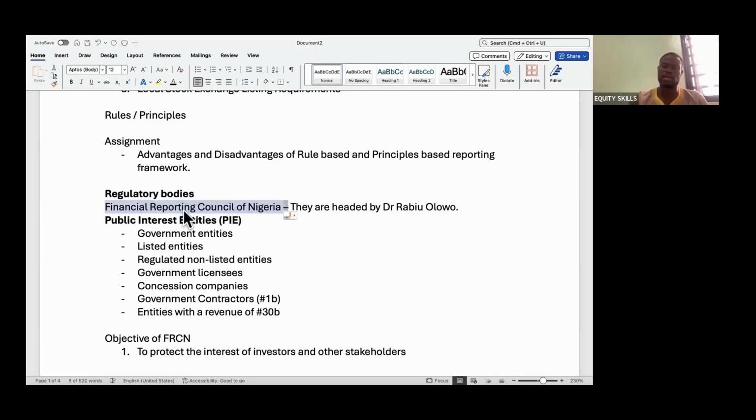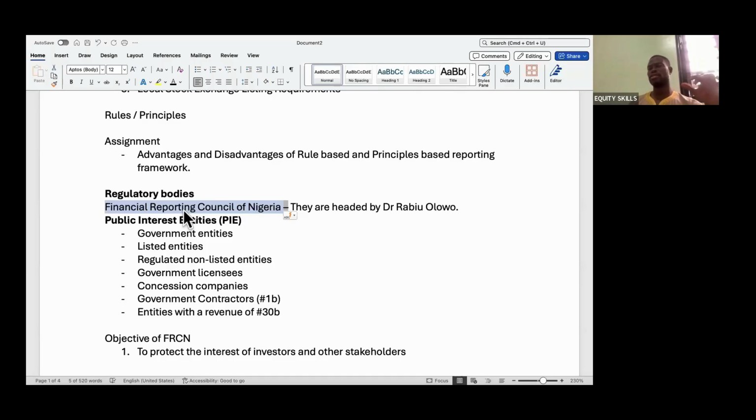And this entity requires all organizations to submit their reports to them so that they can look at it and ensure that every company is complying. They also require all professionals that have input into the financial reports to be registered with them. So when you qualify, you would be required to register with the Financial Reporting Council of Nigeria.